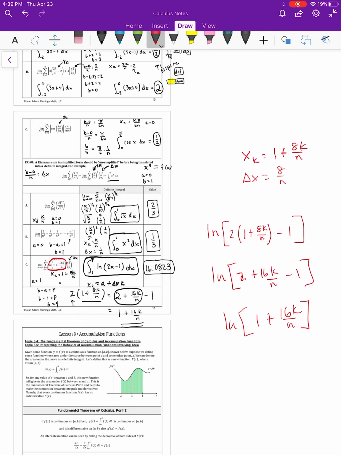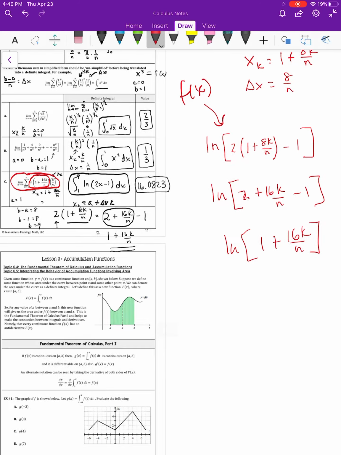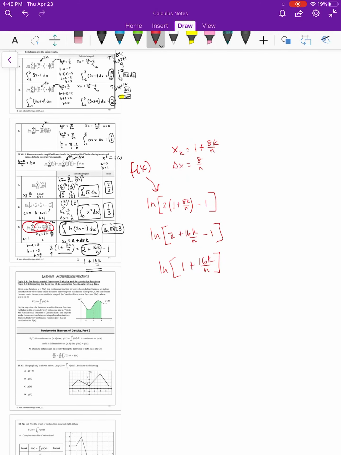And we just want to make sure that that worked, because that's what our thought process was. So this gave us 2 plus 16k over n minus 1, and that would give us 1 plus 16k over n. And that should have been what we had right here, ln of 1 plus 16k over n. So this is our function, our f of x function. So when we take the limit of the summation, it was our f of x sub k times delta x.